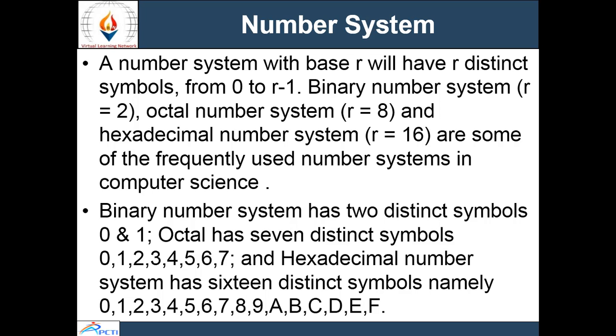Binary number system base 2, octal number system base 8 and hexadecimal number system base 16 are some of the frequently used number systems in computer science. Binary number system has two distinct symbols, 0 and 1. Octal has 8 distinct symbols, 0 to 7, and hexadecimal number system has 16 distinct symbols, namely 0 to 9 and 10 to 15 represented as A to F.